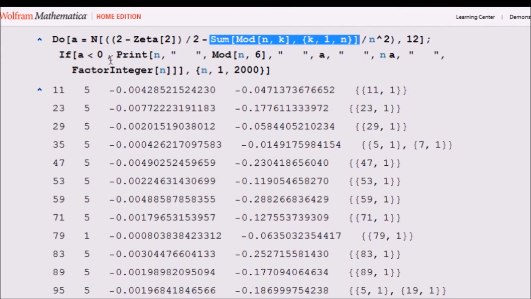That's this variable a, and if a is less than 0, we're going to print n, and then n mod 6 for other purposes, and then a itself, and then I also included n times a, and I forget exactly why.